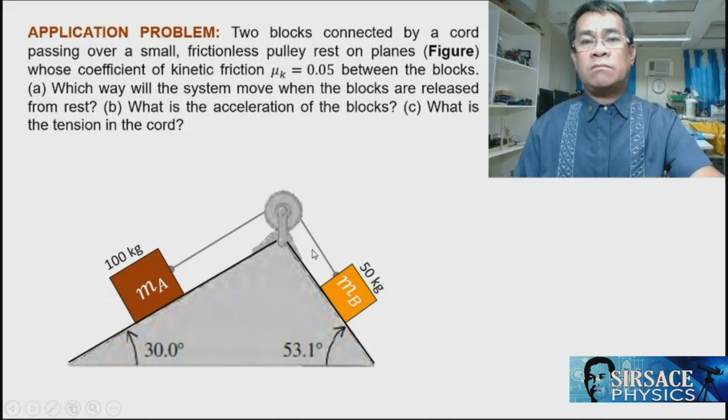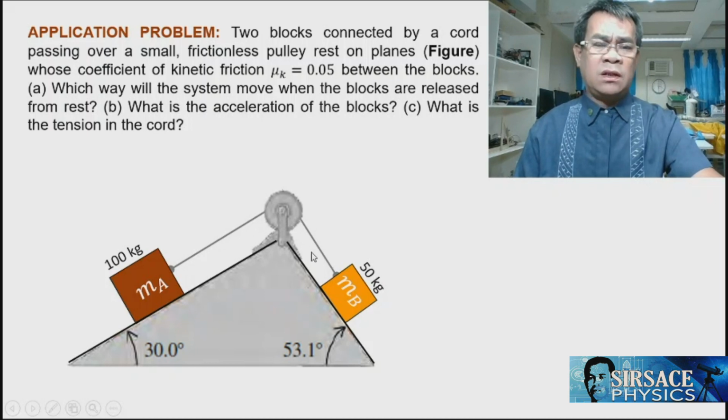This cord is massless and passes through a pulley, and this pulley is frictionless. There is no friction between the cord and the pulley, but there is friction between the plane and the blocks.